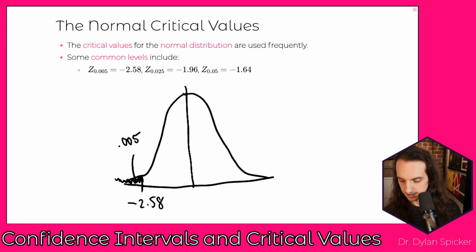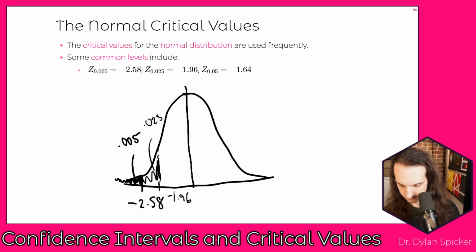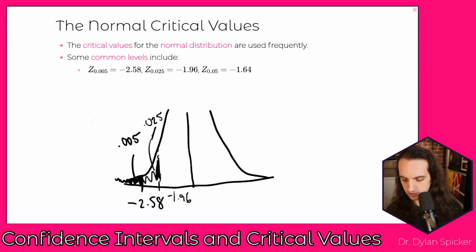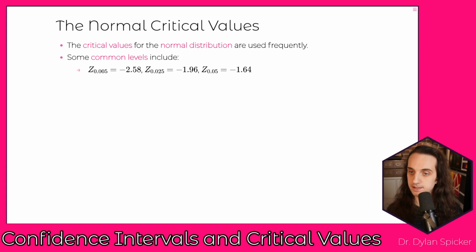If we're looking at negative 1.96, we come somewhere around here, and what is in this shaded area is going to be 0.025. That's what we're saying with these critical values, and that's true of any standard normal distribution. It's always going to be the case.